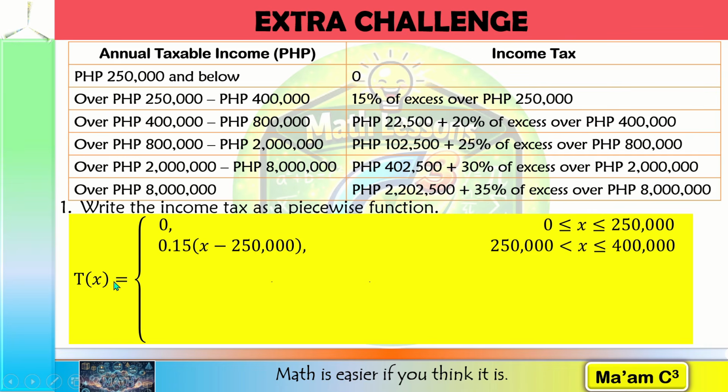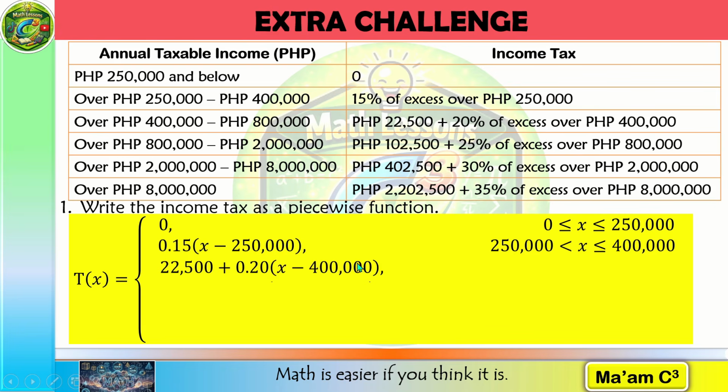Next condition, T of x is equal to 22,500 plus 20% of excess over 400,000. So 22,500 plus 0.20 of the quantity x minus 400,000.